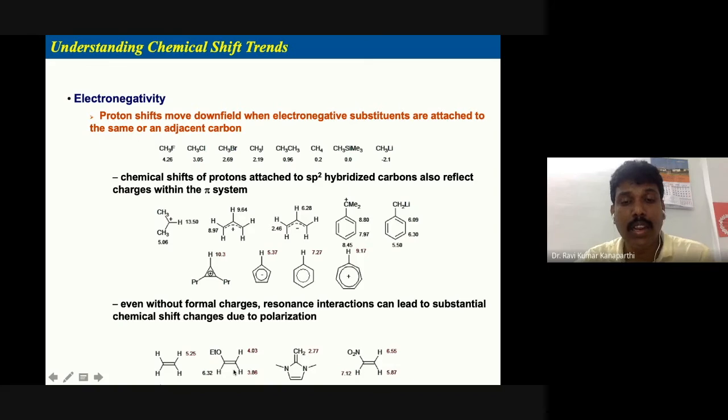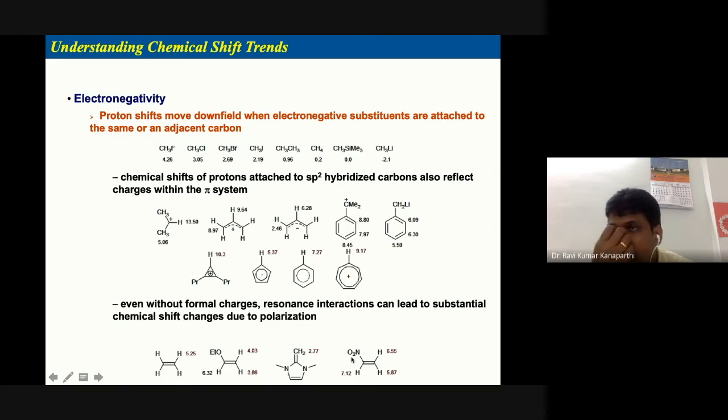On the other hand, if you have electron withdrawing substituents present in a cyclic ring, again the chemical shift values move in the upward direction. And when you have an electron withdrawing group of this kind, the geminal proton and also the cis and trans protons are again modified because of the nitro group present over here.